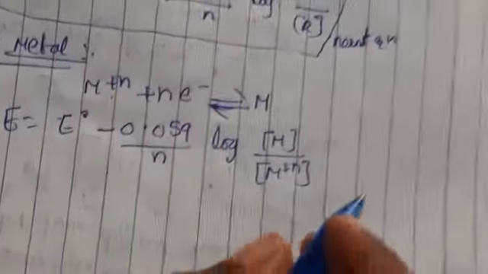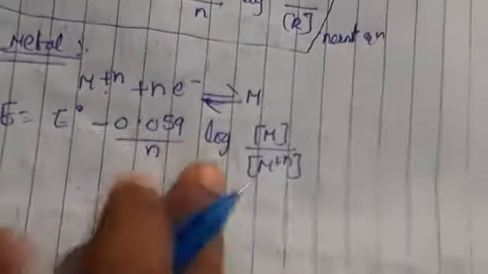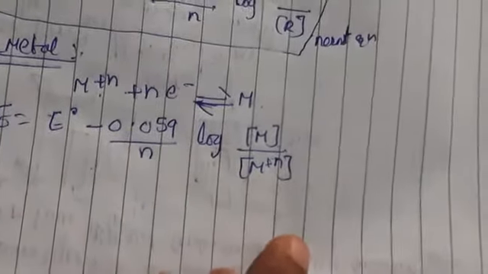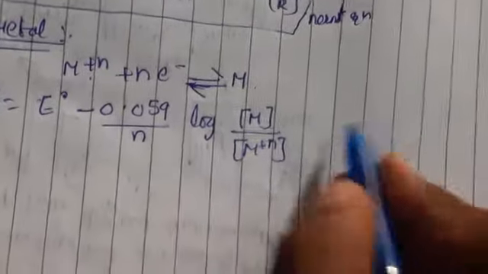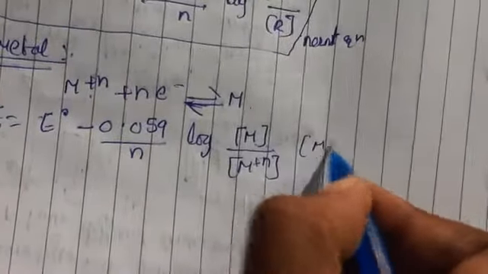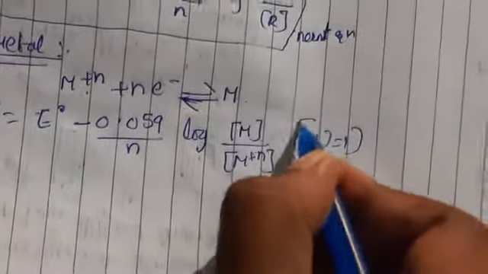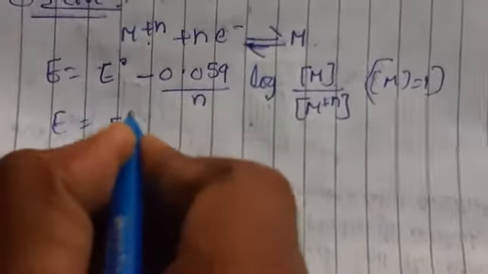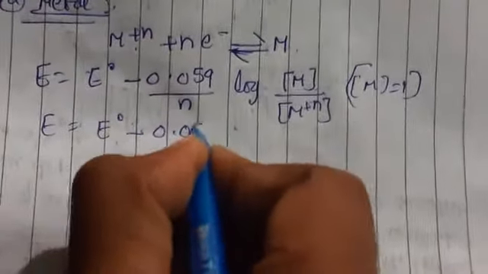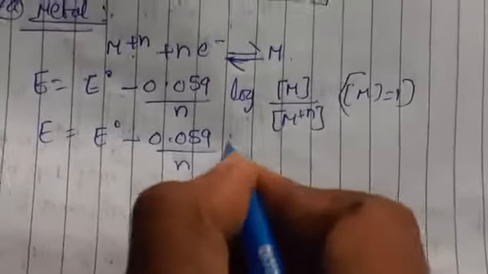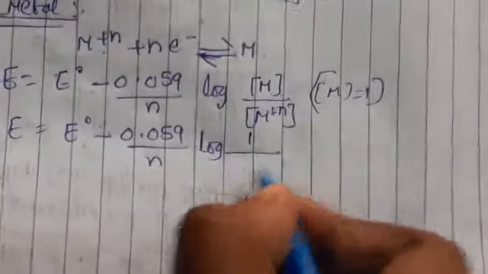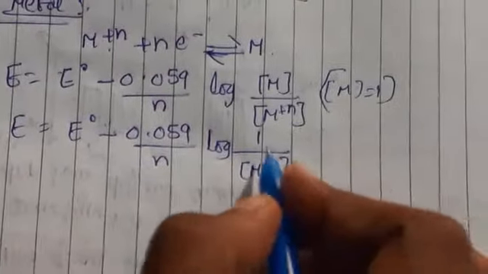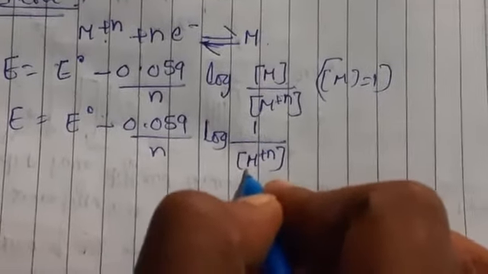So E = E° - (0.059/n) log [M]/[M^n+]. If we take the concentration of M as 1, then we get the equation E = E° - (0.059/n) log 1/[M^n+]. Assume this is 1/10.